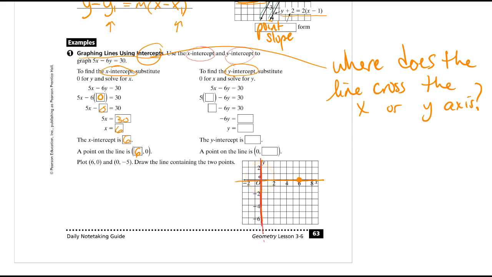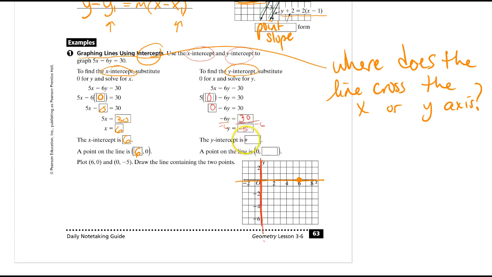So I substitute that. 5 times 0, take away 6y equals 30. So 5 times 0, that's 0. Minus 6y equals 30. So now I'm at -6y, still equals 30. Divide both sides by -6. And I get y equals -5.